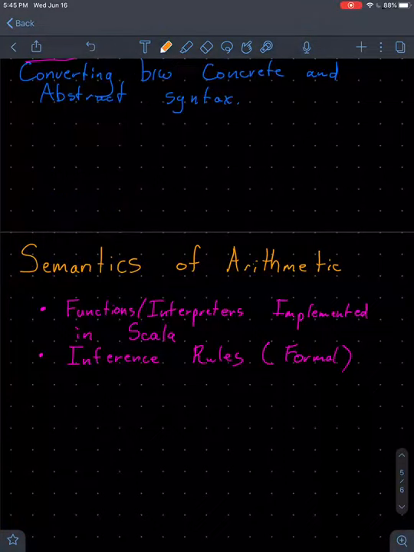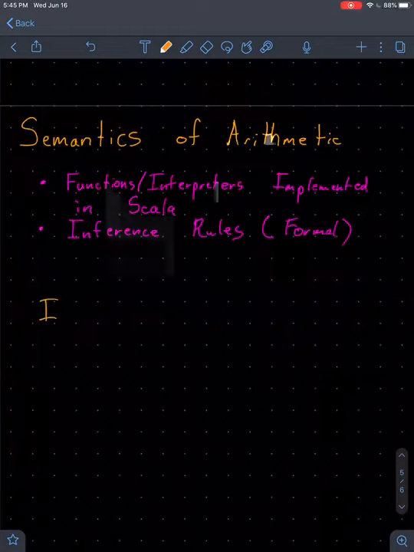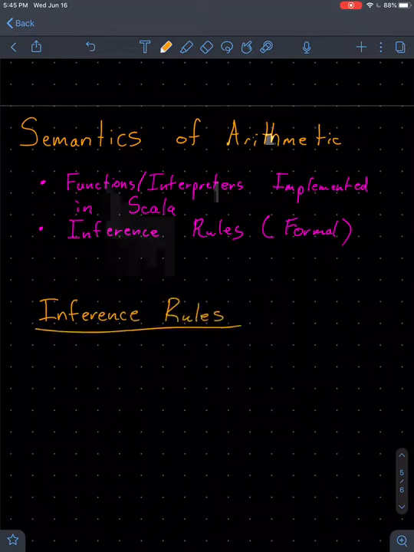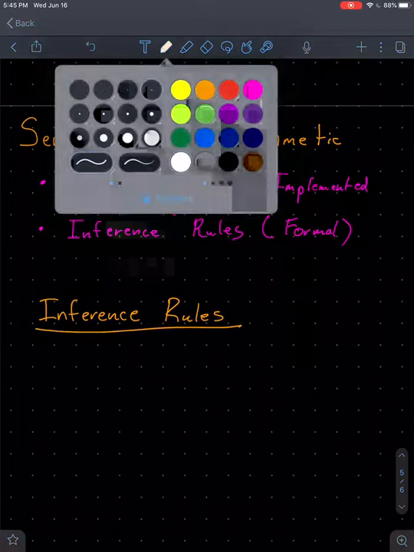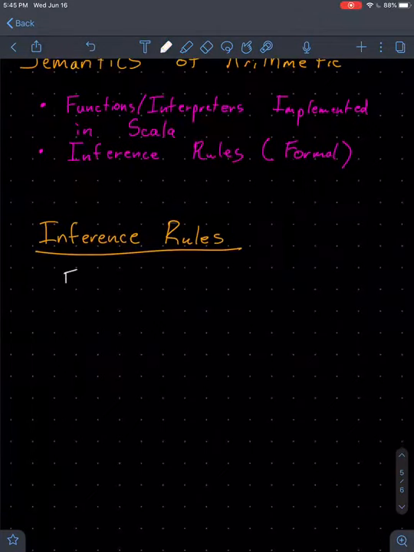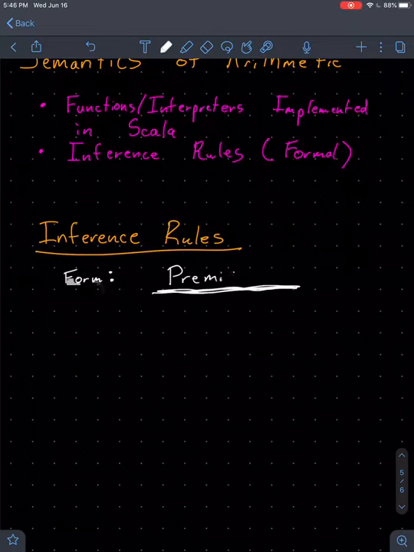They are always in this form. You'll have a big bar, kind of like a division bar, but usually way longer. On the top of that bar, you'll have some premise. On the bottom, you'll have some conclusion.